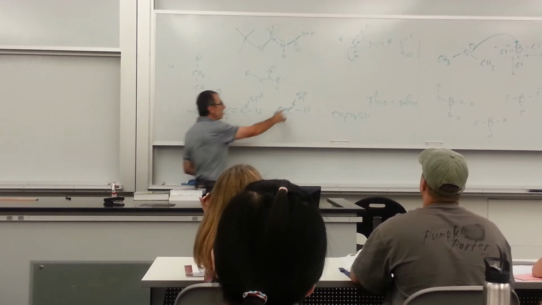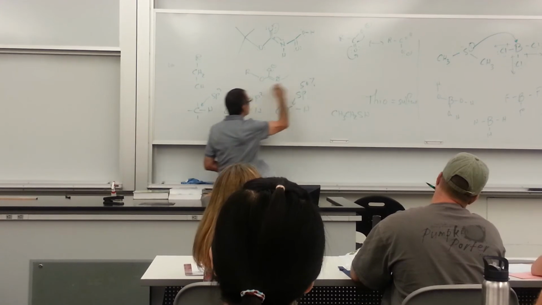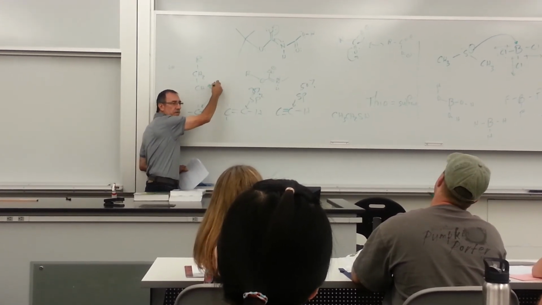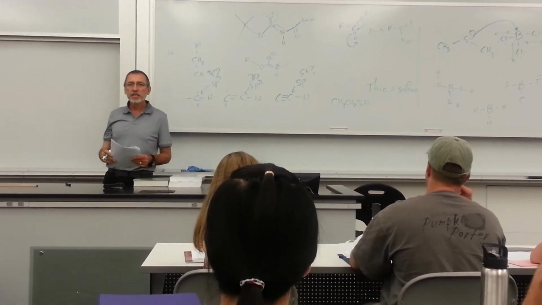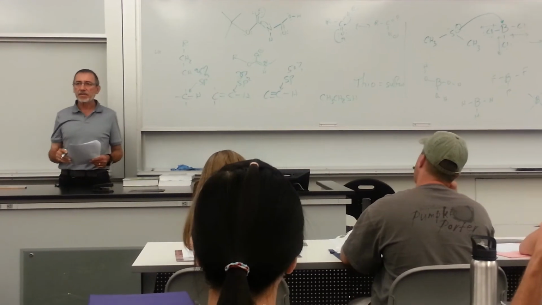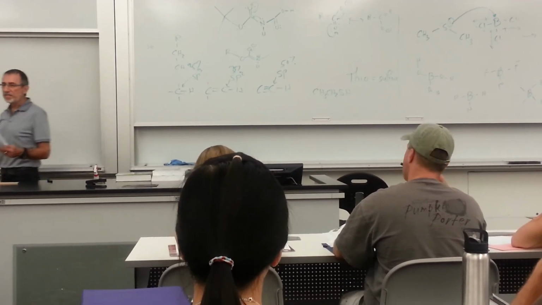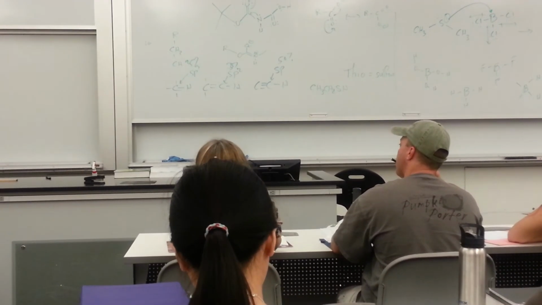So what percentage of this is s character? This is 50%, right? This one is 33%, and this one is 25%. The one with the greatest s character is the carbon carrying the most acidic proton, because effectively the bond between the carbon and the hydrogen breaks more easily.